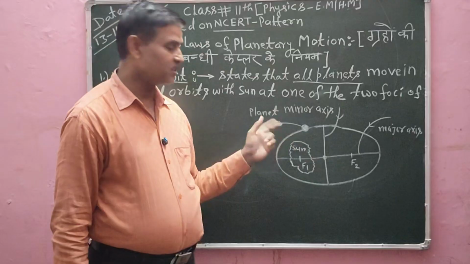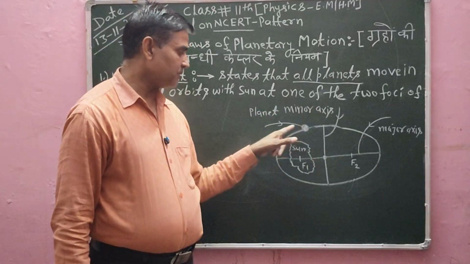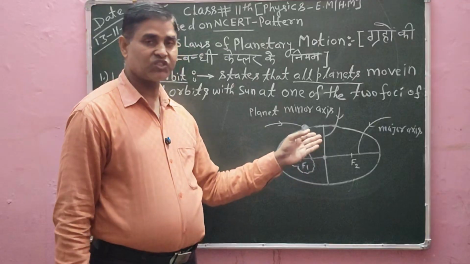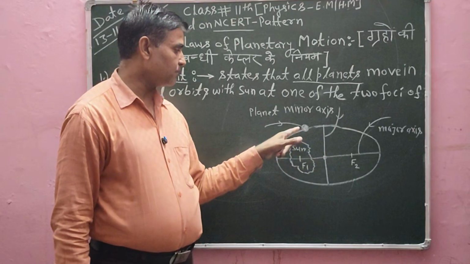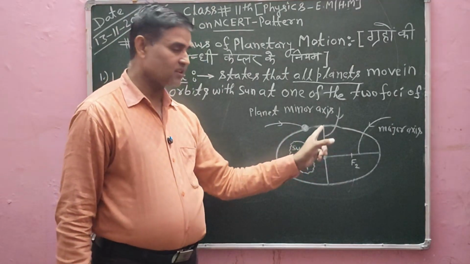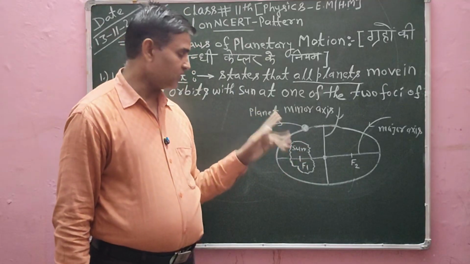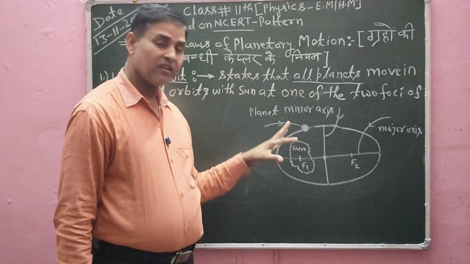Now, if I consider one planet moving around the sun, the sun is only one in the universe.